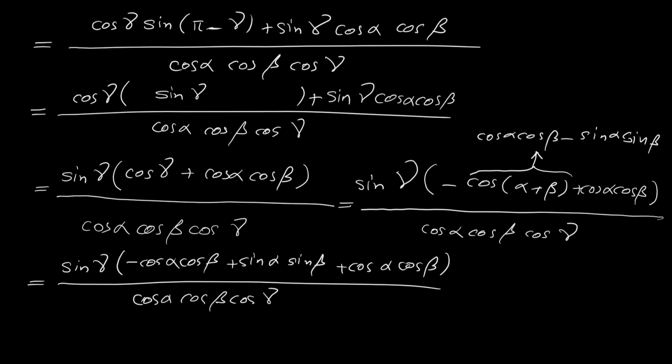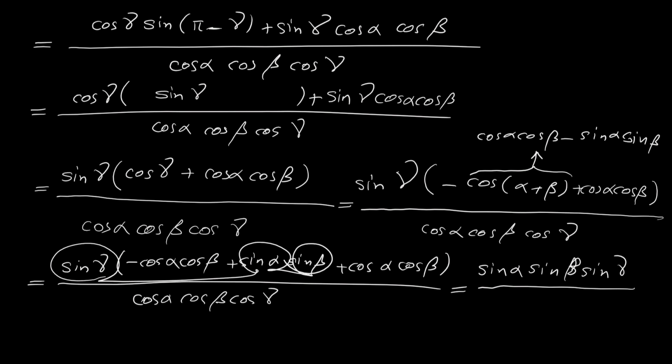Now if you look at the expression in the bracket, you can see that negative cosine alpha, cosine beta with cosine alpha, cosine beta cancels and we have only sine alpha, sine beta in the bracket. So in the numerator we have sine of alpha, sine of beta, sine of gamma, multiplied by each other.